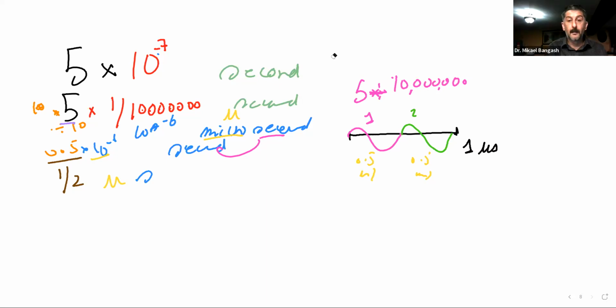Why do we divide? Mainly because this here is a fraction, or it is a decimal number.